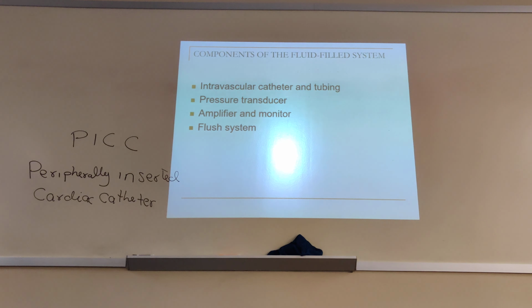But when you draw blood from here, you're going to have blood inside the tubing from here to here. You're not supposed to leave blood outside the body because there is increased tendency for that blood to clot. So once the blood has been drawn, you have to flush it back into the body. That's why we have the flush bag.